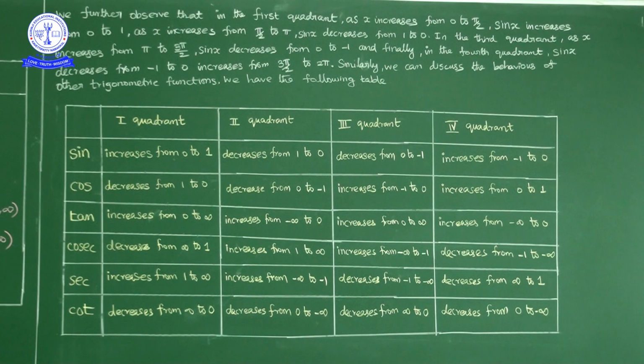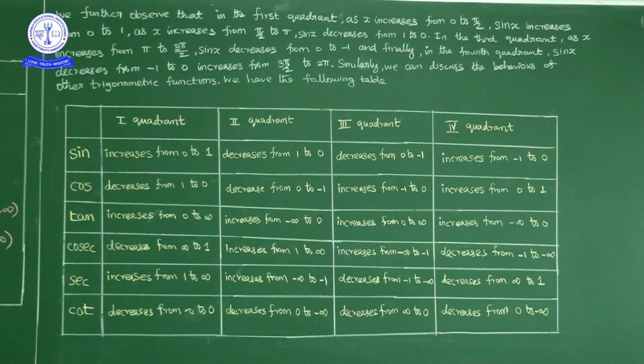Now cos x. Cos 0 is how much? 1. Cos pi by 2 is how much? 0. So as x increases from 0 to pi by 2, cos x decreases from 1 to 0. So in the first quadrant cos x is positive.